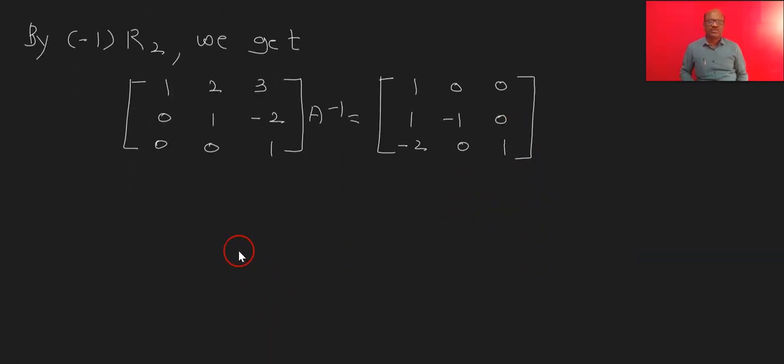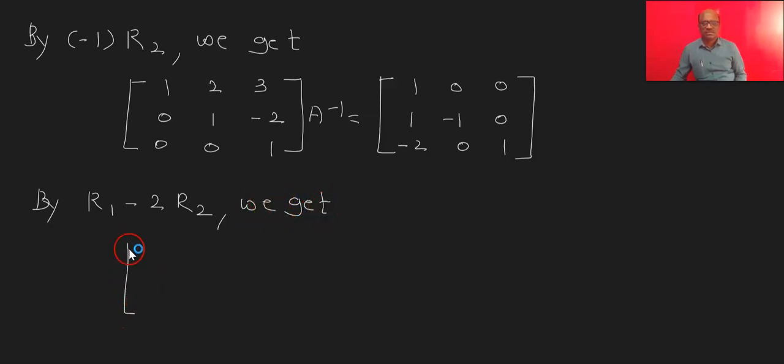Now by the operation R1 minus 2 times R2, we get, okay, there is a 1, 0.